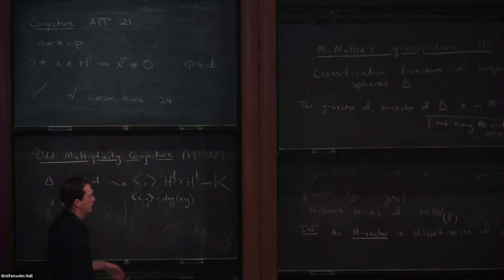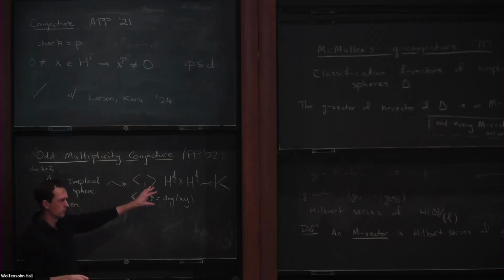Because I'm in middle degree, the Lefschetz operator doesn't feature. So we know now that, in characteristic 2, this is an anisotropic form, okay?